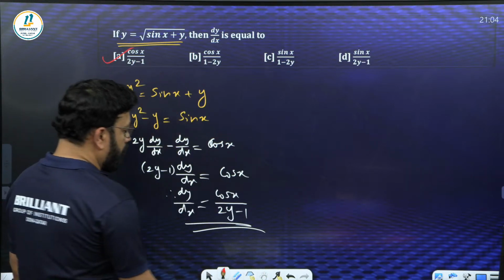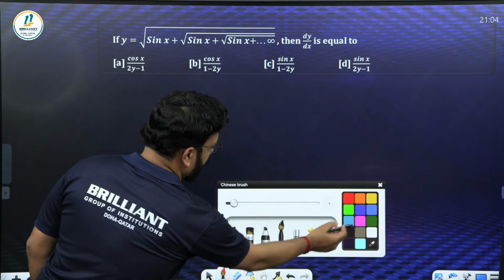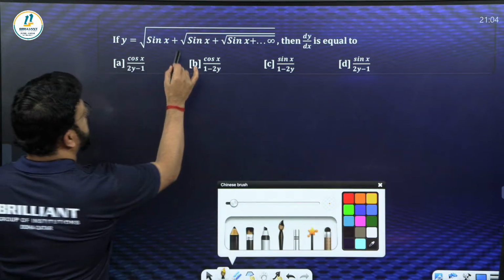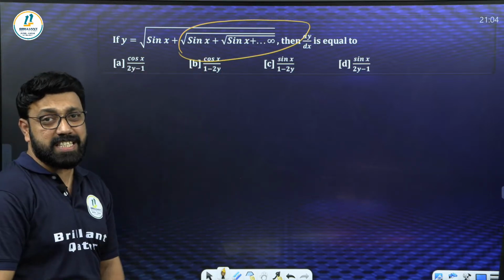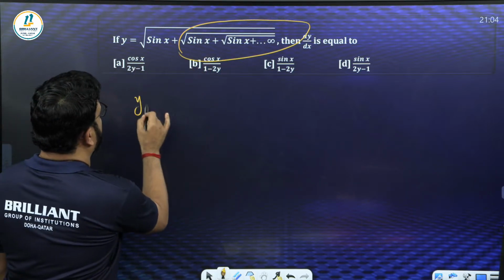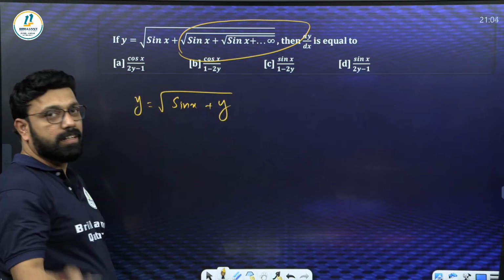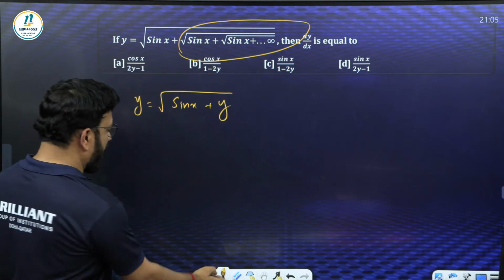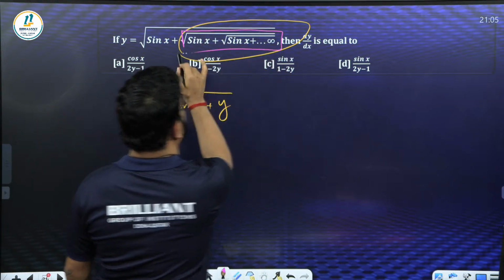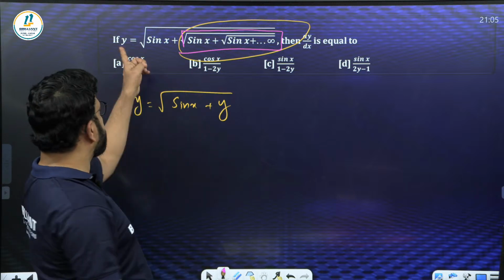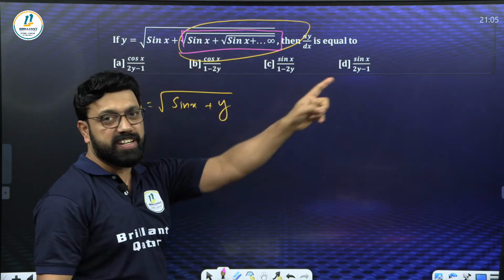Hope you understood. Go to the next question. I'm not solving it, you just tell the answer. It is the previous question only. This part is repeating: root of sin x plus root of sin x plus root of sin x, going to infinite terms again.